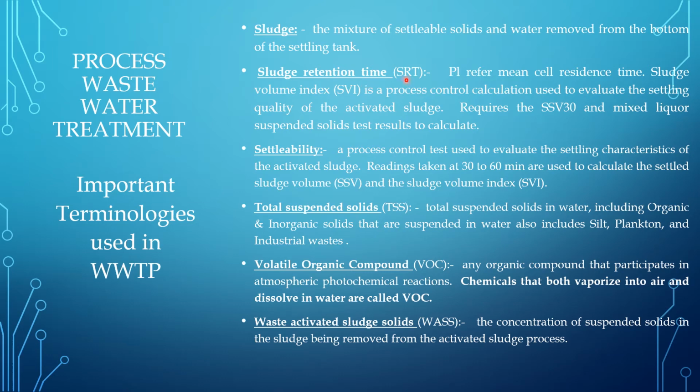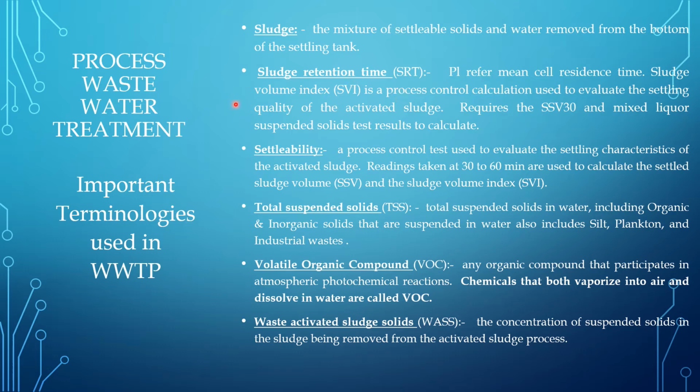Sludge retention time, SRT: this refers to the mean cell residence time. Sludge volume index is a process control calculation used to evaluate the settling quality of the activated sludge, against the SSV 30 and mixed liquor suspended solids test result to calculate.